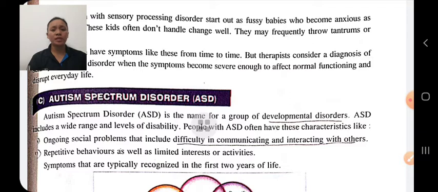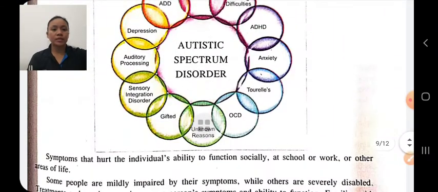He does not interact in society due to underdevelopment, has a tendency to engage in repetitive behaviors, and avoids eye contact with other persons, etc.